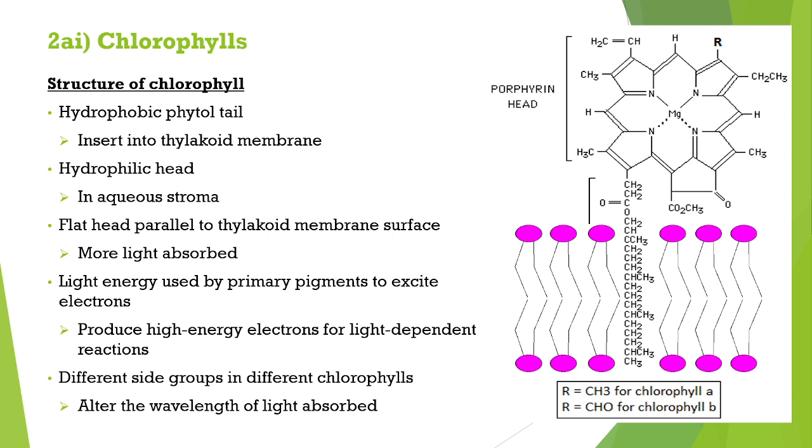So there's a bit of variation in terms of the exact wavelength one particular chlorophyll molecule can absorb. So you can imagine when we have many different chlorophylls, each with a slightly different variation in the wavelengths it absorbs, then overall there's a wider range of wavelengths that can be absorbed, which will also increase the amount of light energy that can be captured. So this is how chlorophyll is adapted to its function.